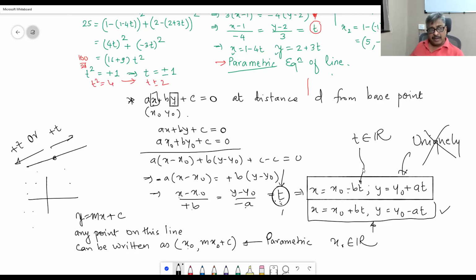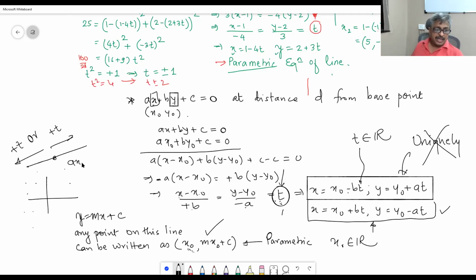What is the final aim? If you keep putting different values of the parameter, you should keep getting different points on the line. For a specific value of the parameter, you should get a unique point on the line. Any other point should not have that parameter. That one-to-one correspondence is there. So this is also a parametric equation, and maybe the easiest one.